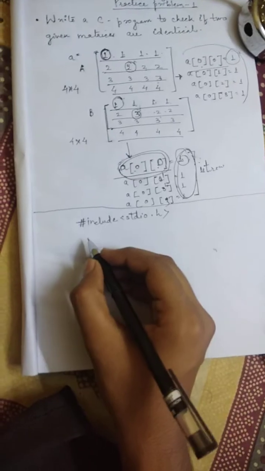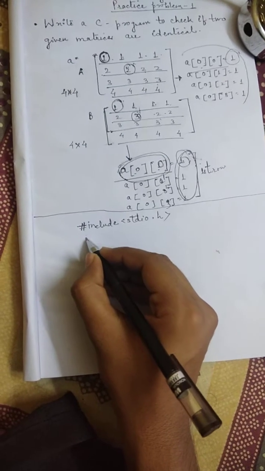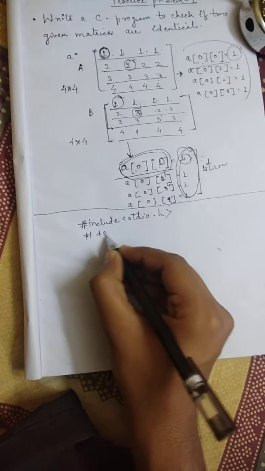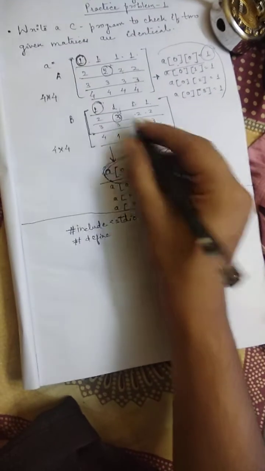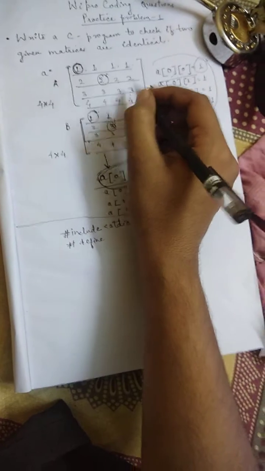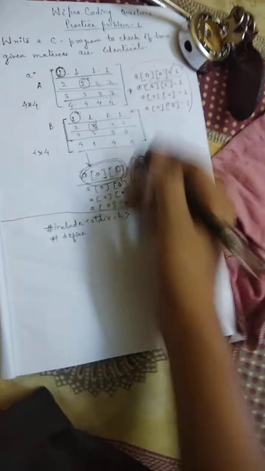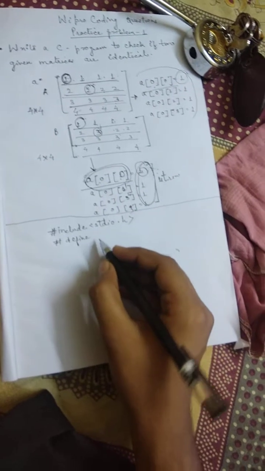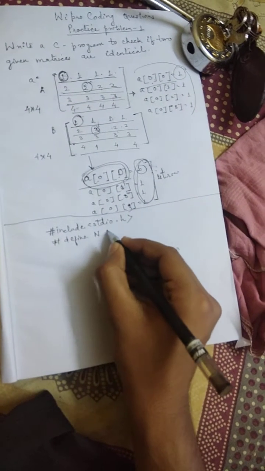First, this is include stdio.h. Then let us define the value of n, that is, the size, how many rows you will take: first, second, third, fourth. We will take 4 rows, so define n as 4.